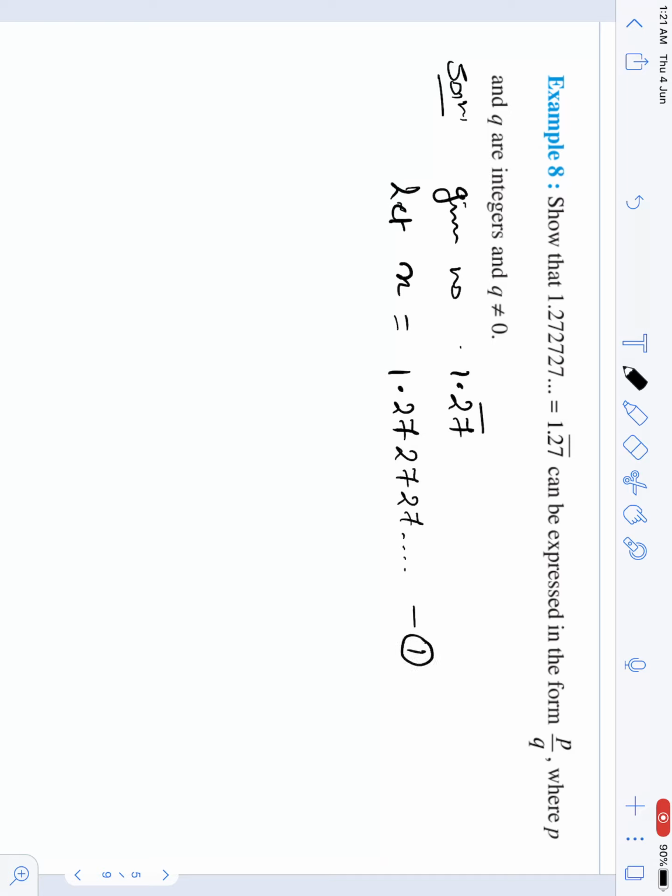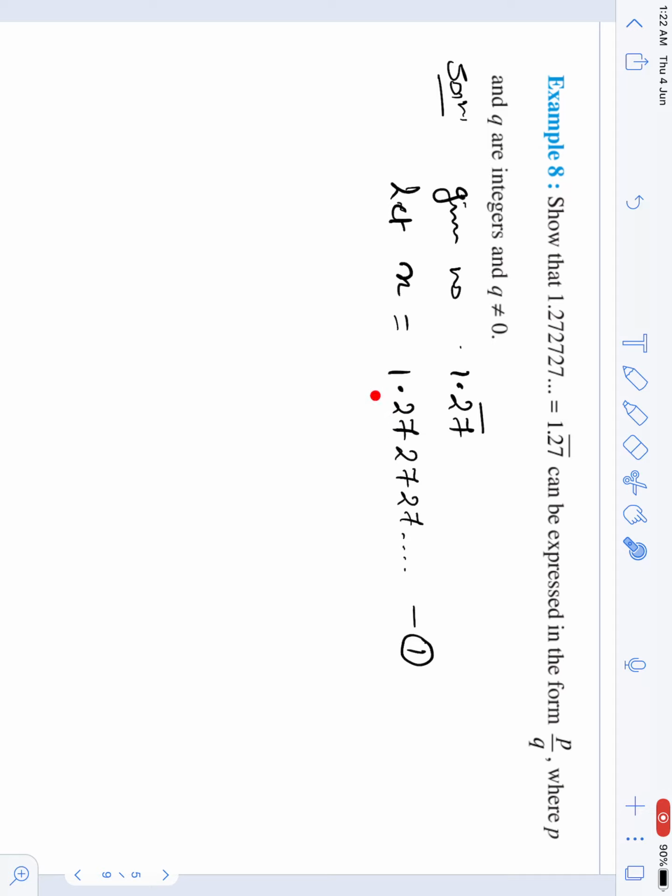Okay, now again same condition. We have to check how many digits are repeating, so we will keep these decimals after those digits. Now it can be seen that this 27 is repeating itself again and again, that is these two digits are repeating. So we have to move this decimal 2 digits to the right, that is here.